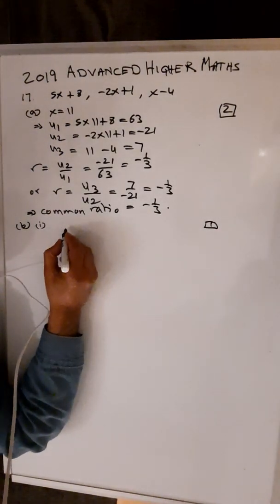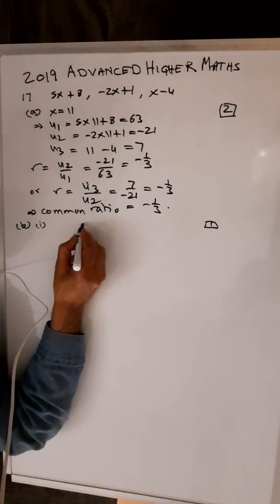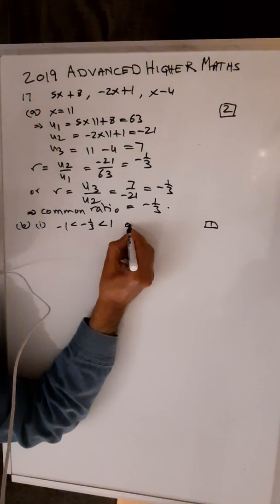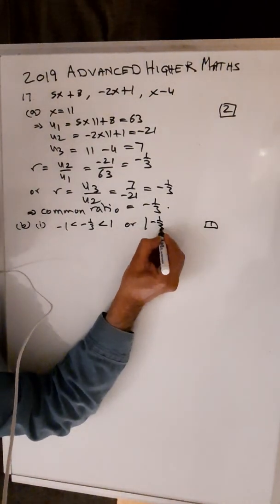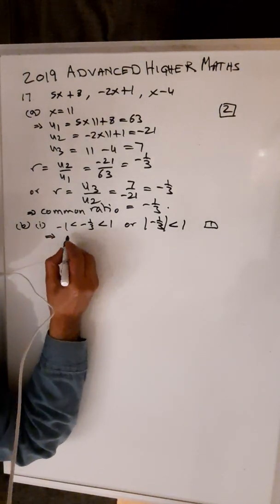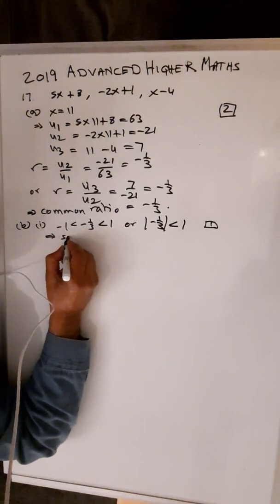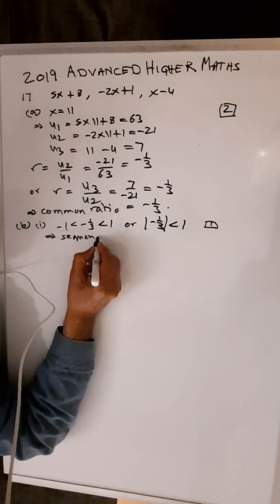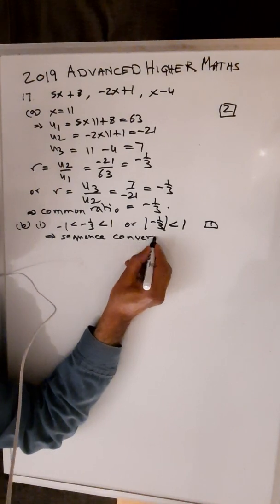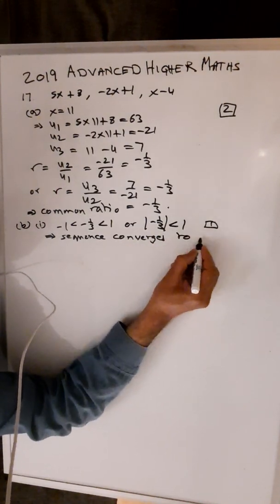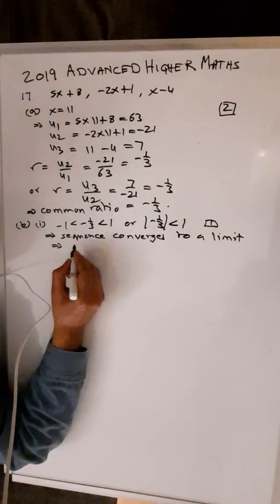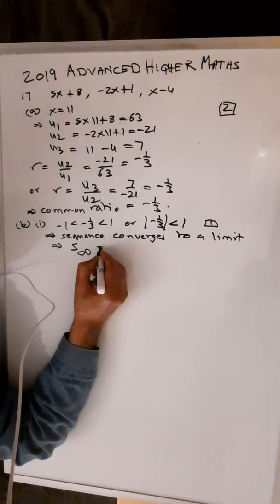So the common ratio r, -1/3, is greater than -1 and less than 1, or the modulus of -1/3 is less than 1, which implies that this sequence converges to a limit, which means that a sum to infinity exists.